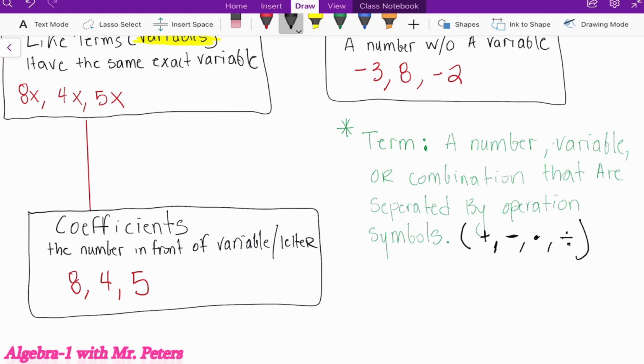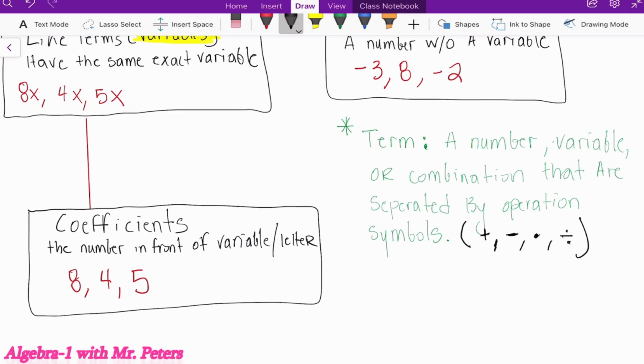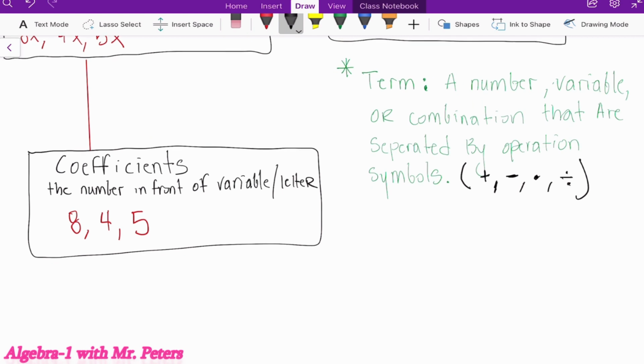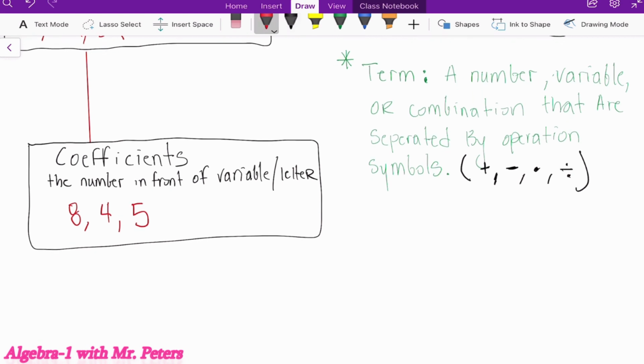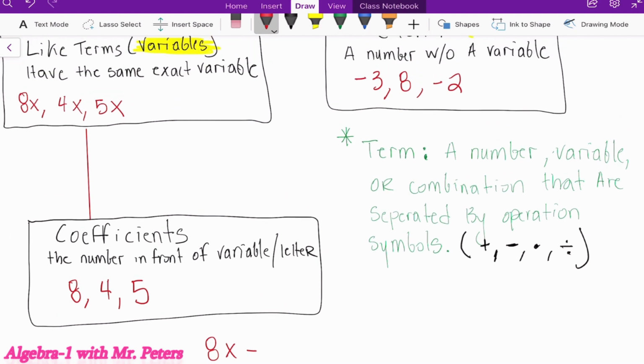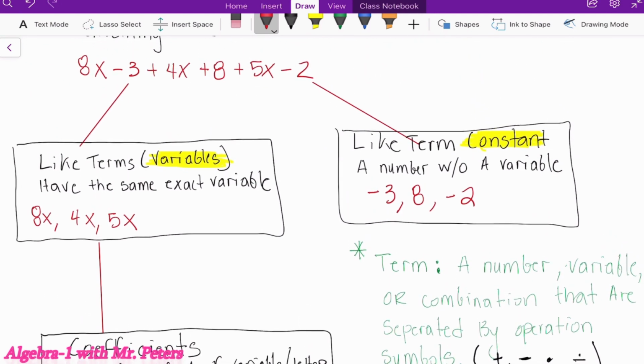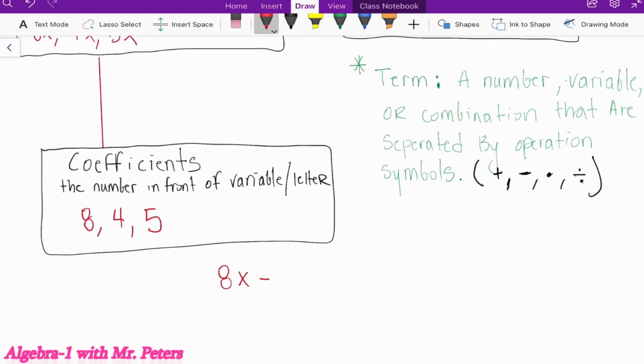Okay? And we're going to actually give you an example of a term, right? The terms right now. So let's rewrite our expression from above, right? Because we have two more things to talk about. We're going to identify how many terms we have. Actually, let me scroll back up. I almost forgot the problem. Okay, I'm sorry. All right. So we're talking about terms and they are separated by our operations.